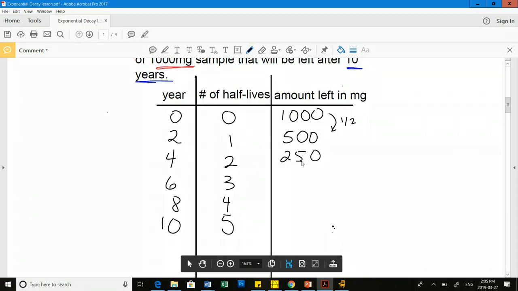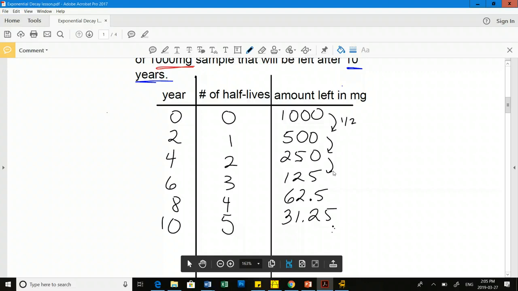After 6 years, 125, good. After 8 years, yep. 62.5, good. And after 10 years? 31.25, very nice. So to get future values here, we are halving.